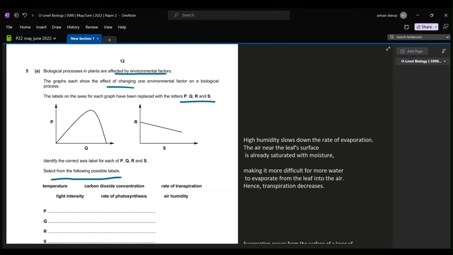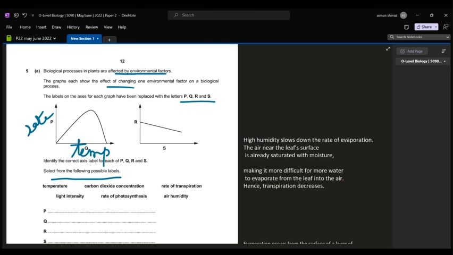Now we know that this is the graph for temperature and rate of photosynthesis. This is a very obvious graph and you might have seen it multiple times. So on P, the y axis, you have the rate of photosynthesis, and on Q, which is the x axis, you have temperature. The rate of photosynthesis is on the y axis because it is the dependent variable, dependent on temperature.